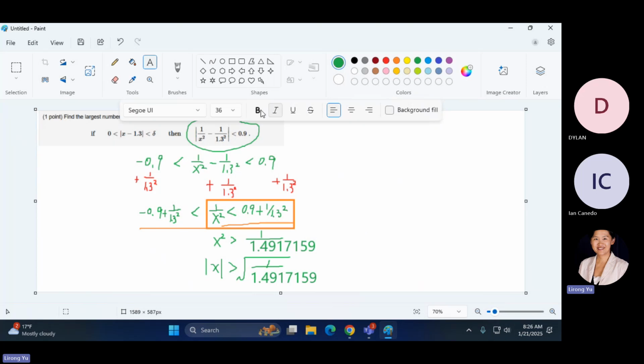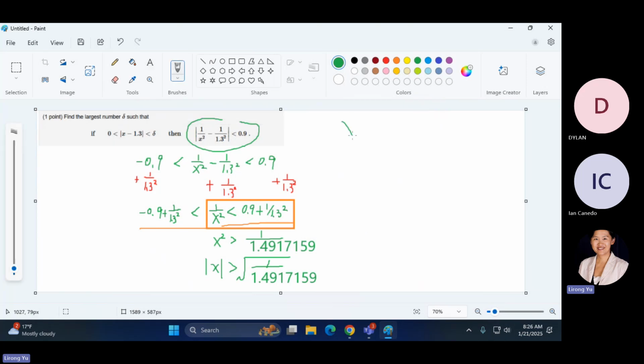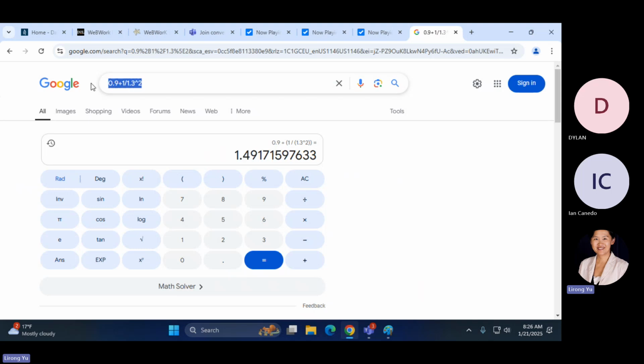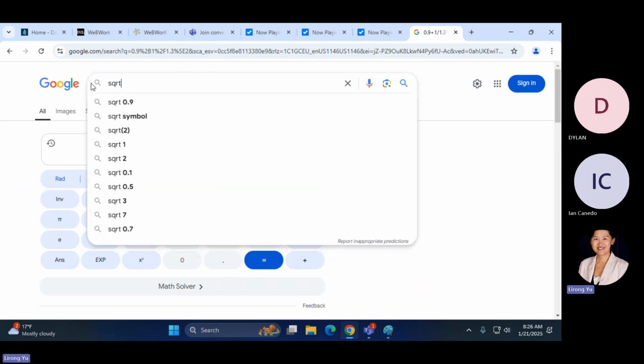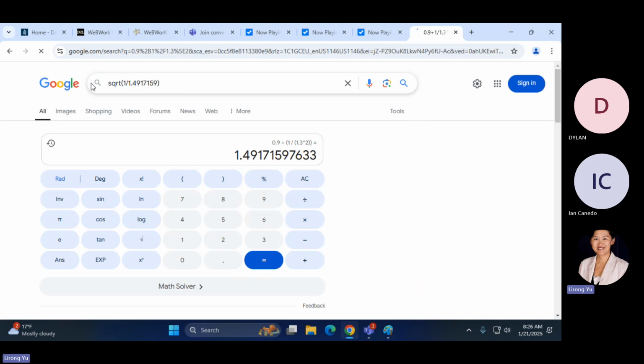Now, if x is positive, then x is bigger than this number. I should really calculate it, because otherwise I'll end up copying it. So it's actually the square root of 1 over, and then this number is that.